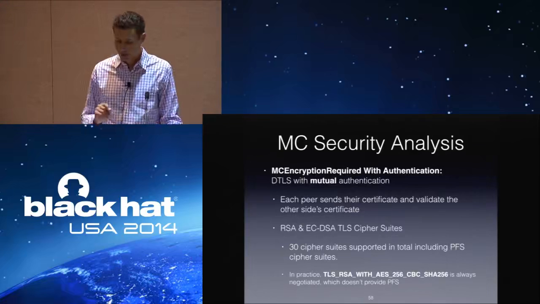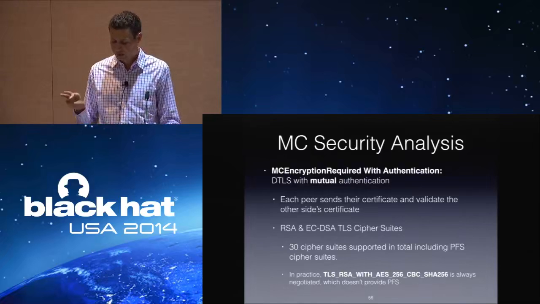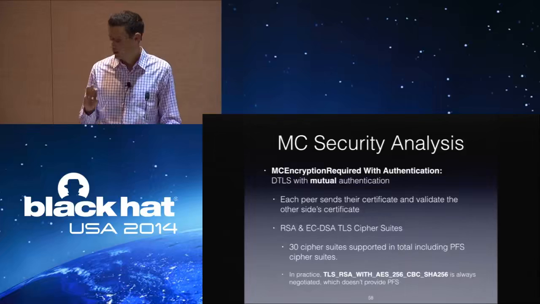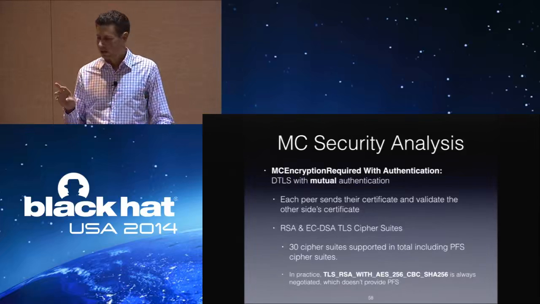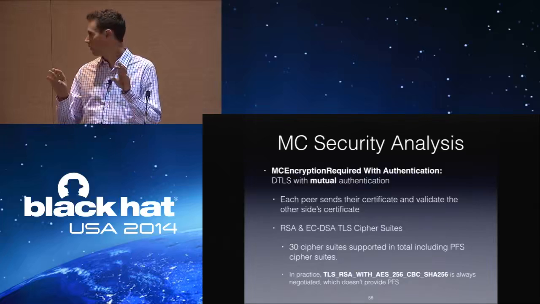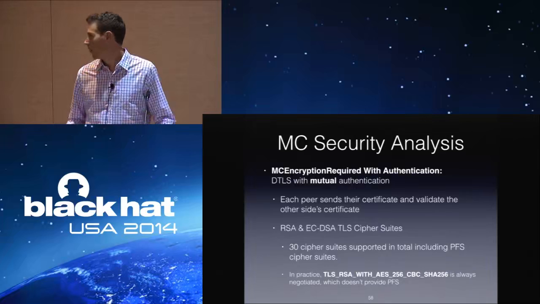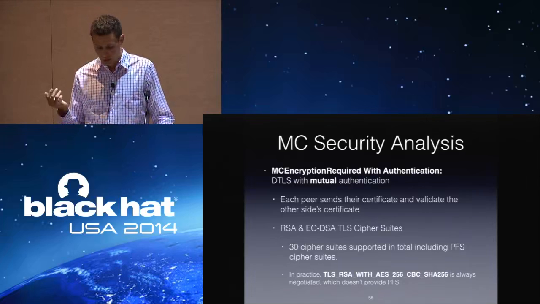So each peer exchanges a certificate. What's kind of interesting is it has 30 different cipher suites enabled, including cipher suites that give you perfect forward secrecy. But the problem is that perfect forward secrecy is actually never used, because in practice, when the peers choose the cipher suite, they're always going to choose the same one, which is RSA with AES, which doesn't have perfect forward secrecy. So PFS is enabled, but not actually used.